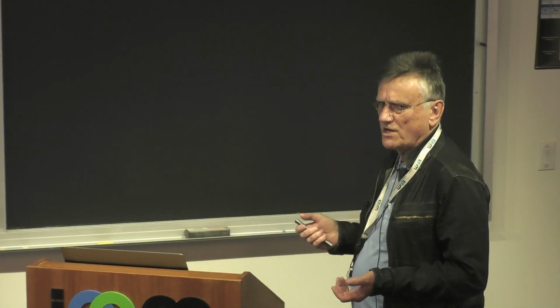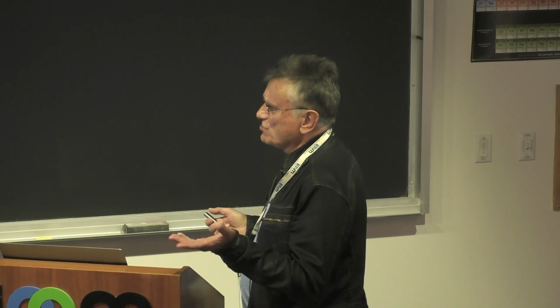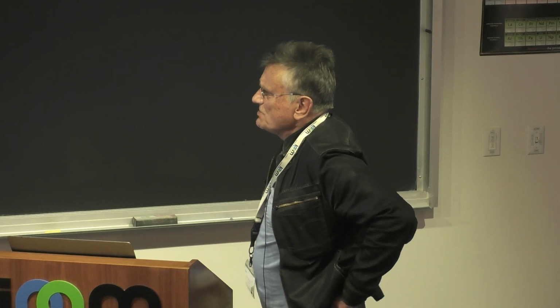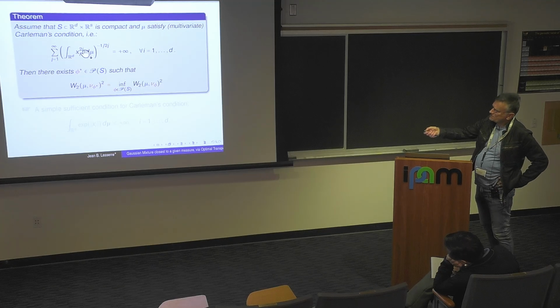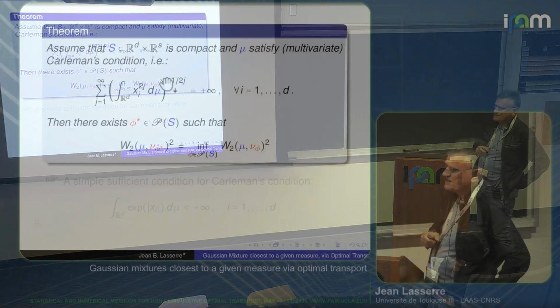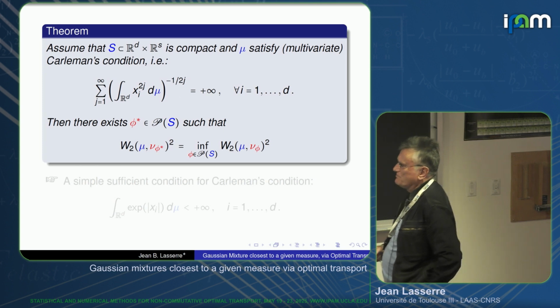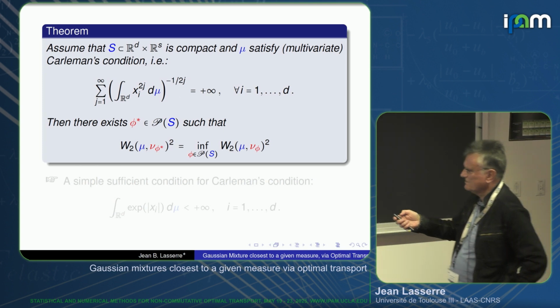It's a generalization of the Carleman condition, which was given for univariate measures, and it's Nussbaum who generalized it to the multivariate case. So it says the following: for each index i, you look at the marginal on the variable xi. The growth of the even moments is limited, so you have a sort of limit on the way the even moments grow. So this series should diverge.